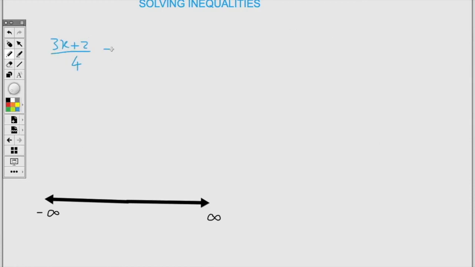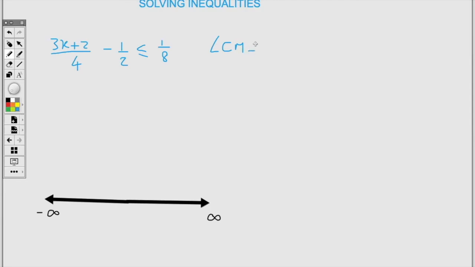Now, the next example that we have here, we're going to find the LCM for this inequality. We have in the denominator the numbers 4, 2, and 8. So the LCM for 4, 2, and 8 is 8.